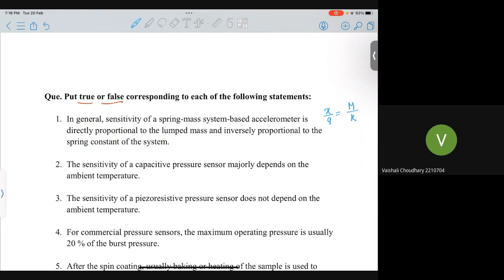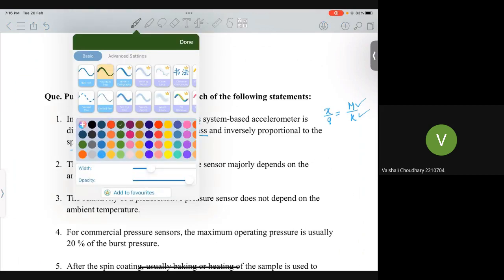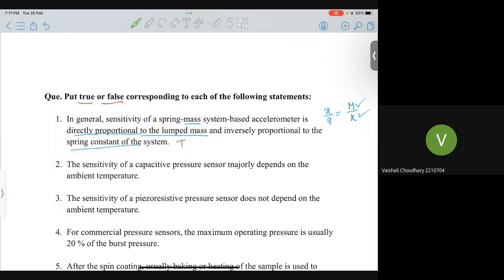So the mass is directly proportional, and the spring constant is inversely proportional. So the first statement is true.